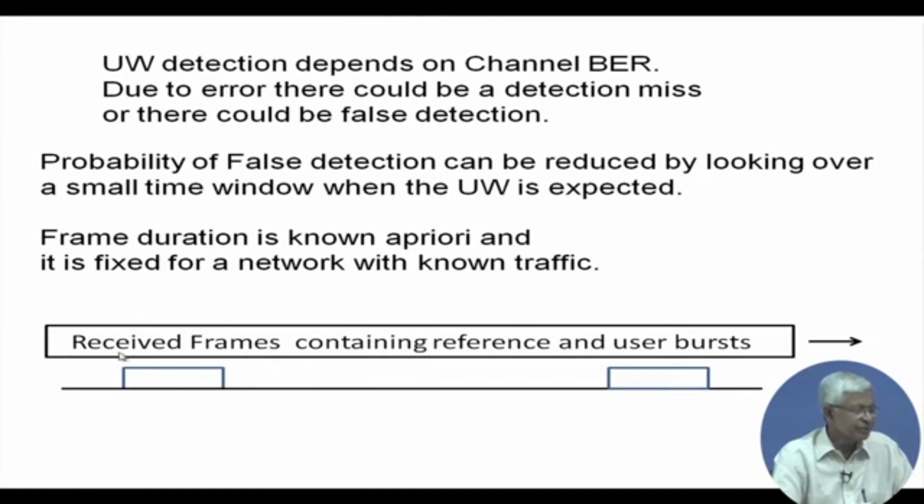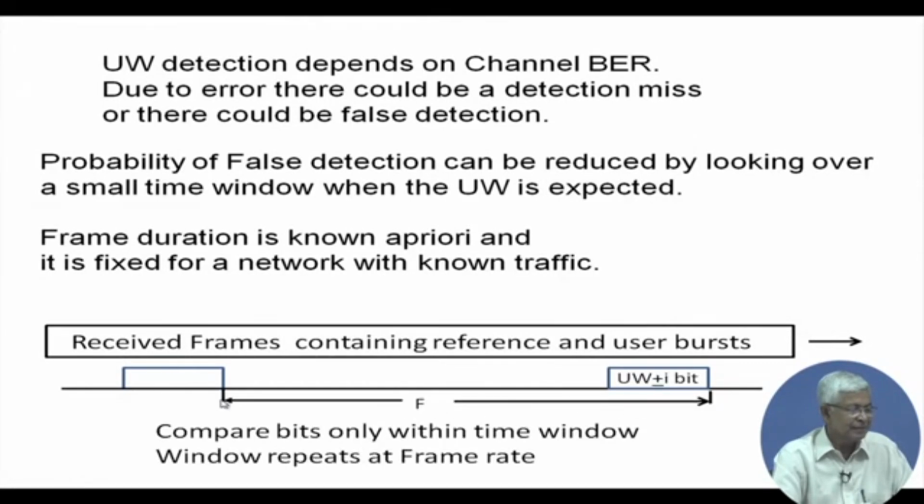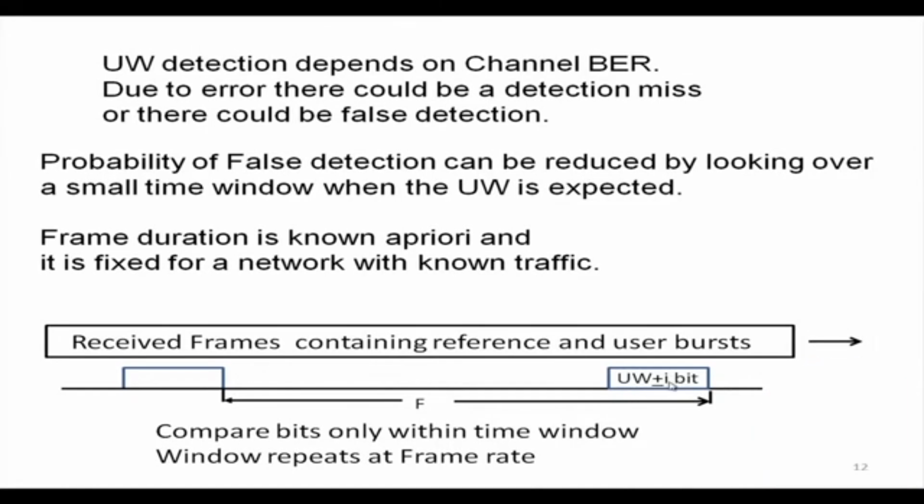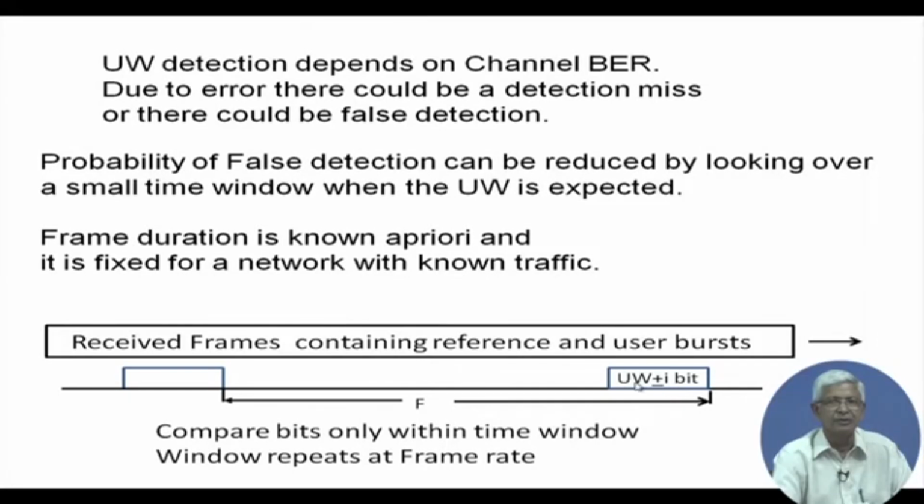A pictorial shows received frames containing the reference burst and user bursts, and there are some apertures open. These apertures are F apart, the number of bits in the frame, and each aperture will be slightly larger than the Unicode bits, that is, Unicode plus or minus I number of bits. That I number of bits is important to decide what my aperture should be, how long I should search, and if it is very large, then there is a possibility of more false detection.